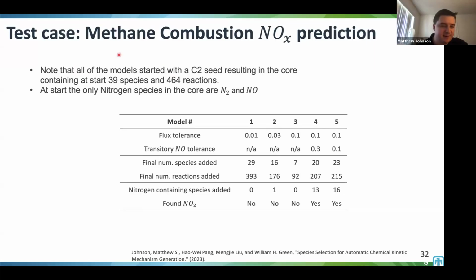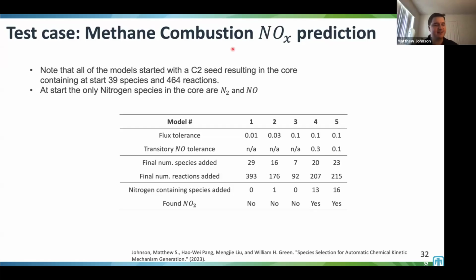And you can do some stuff with this that you could never do with the main RMG algorithm. Suppose you were simulating methane combustion and you wanted to predict NOx concentrations. The problem is that the NOx concentrations are really, really small, and so they're going to have really, really small fluxes relative to your methane combustion.